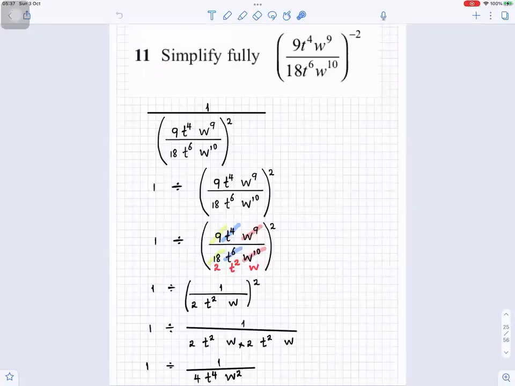Question number 11. Simplify fully (9t^4 w^9 divided by 18t^6 over w^10) all to the power minus 2.